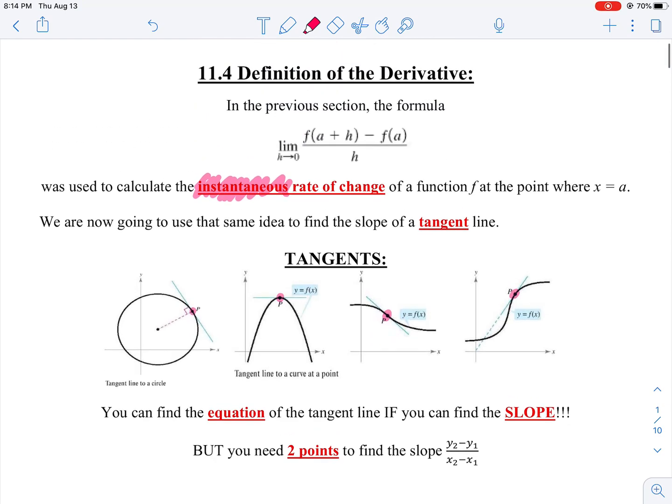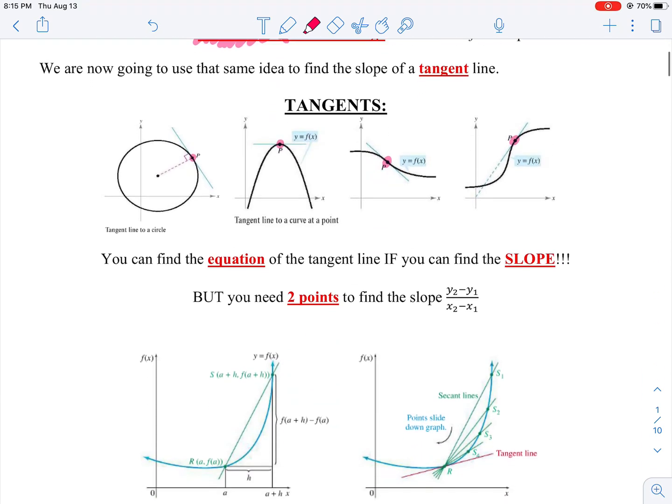Well, we can use our instantaneous rate of change, the slope at exactly 1 point instead of 2. So this formula will actually work for both things. We can use it to find the instantaneous rate of change, which is really the same thing as the slope of a tangent line, or the slope at exactly 1 point. So we can find the equation of a tangent line if we can find its slope.